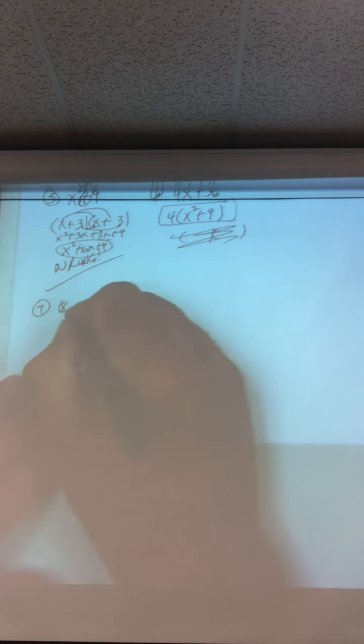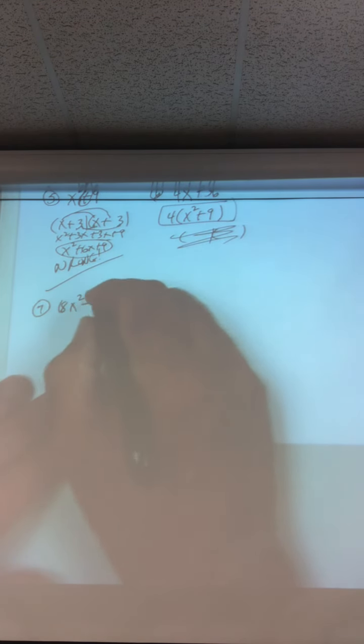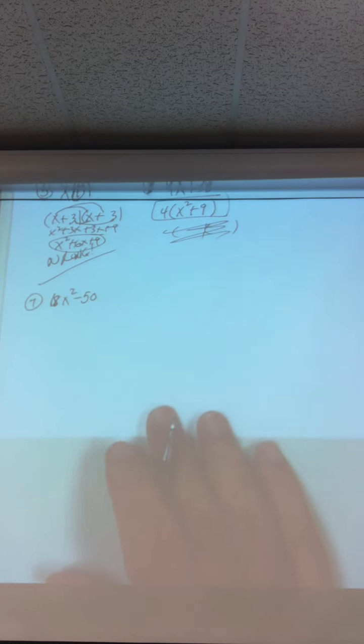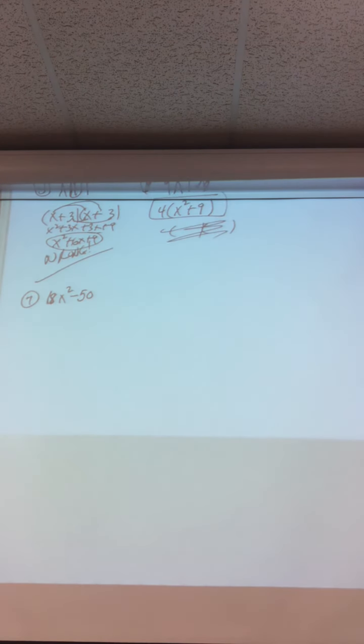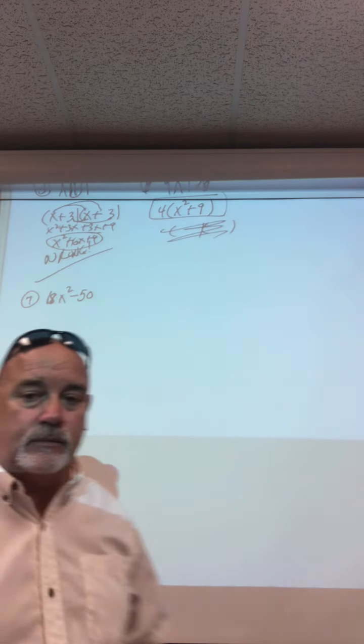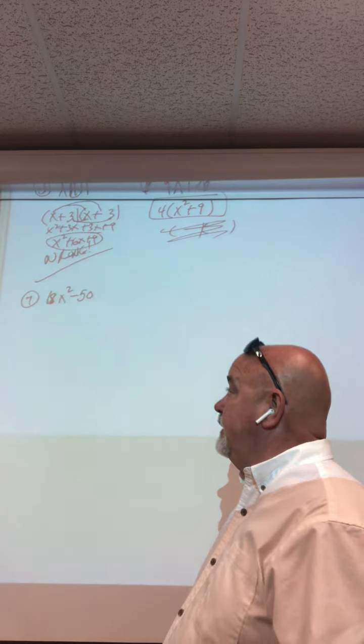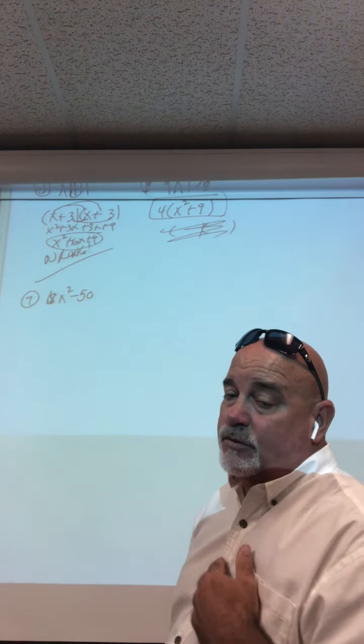All right, let's look at this one. 18x squared minus 50. What's the first thing we look for? You said, well, this is not difference of two perfect squares.